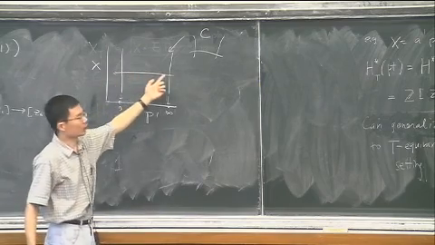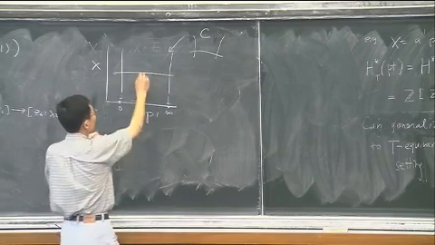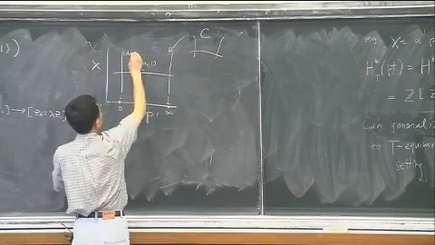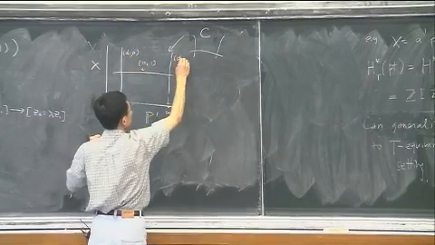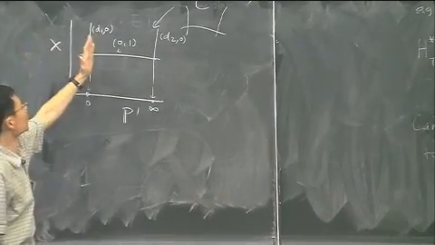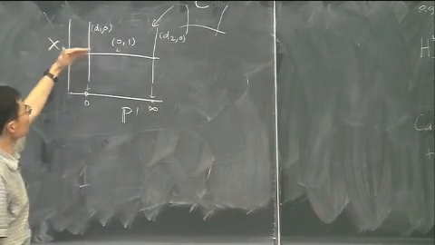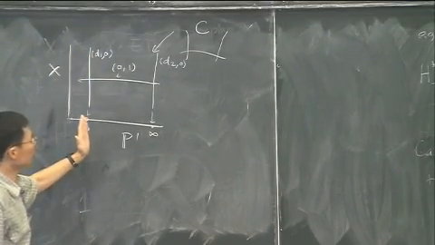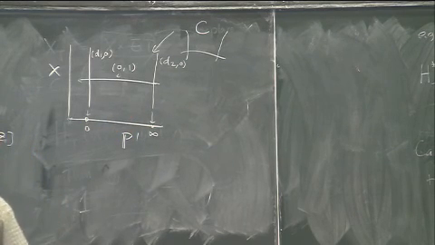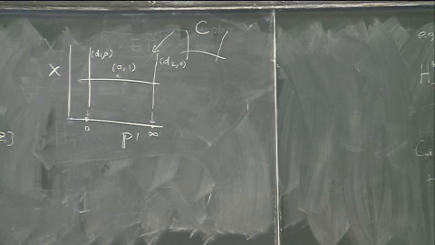This will be my degree. So this guy will have degree (0, 1), and this guy will have degree (D1, 0), and this guy will have degree (D2, 0). D1 means it maps to X non-trivially, but maps to P1 trivially, maps to 0, etc. Is that clear? This is the only way it could be a T-fixed map.